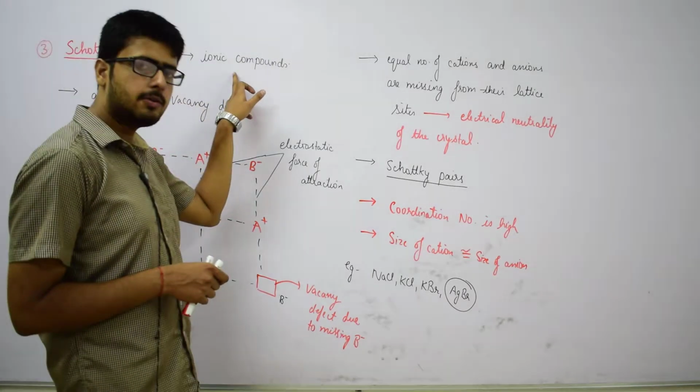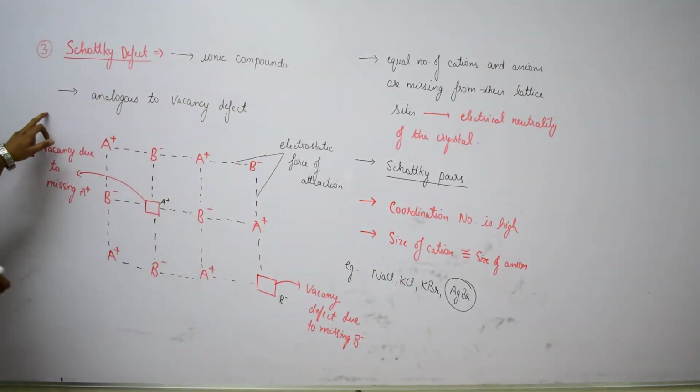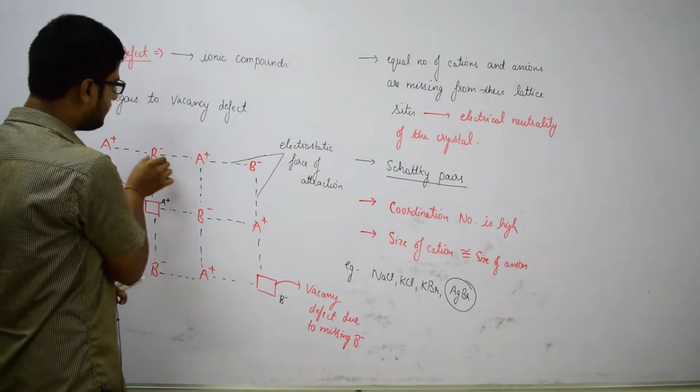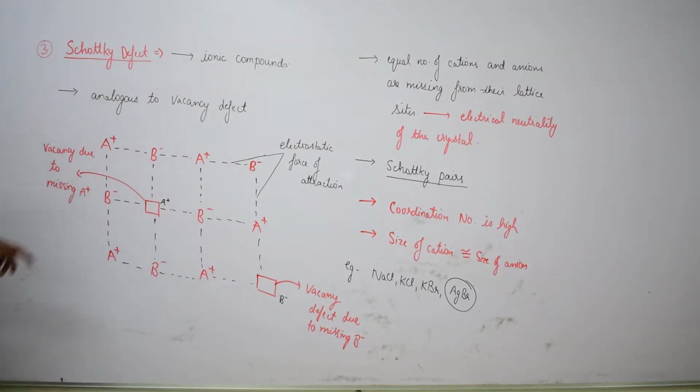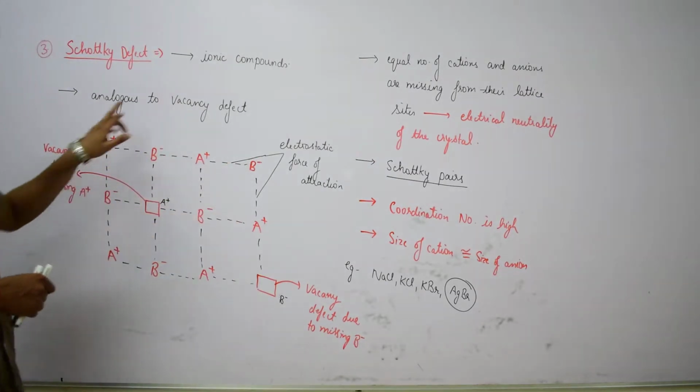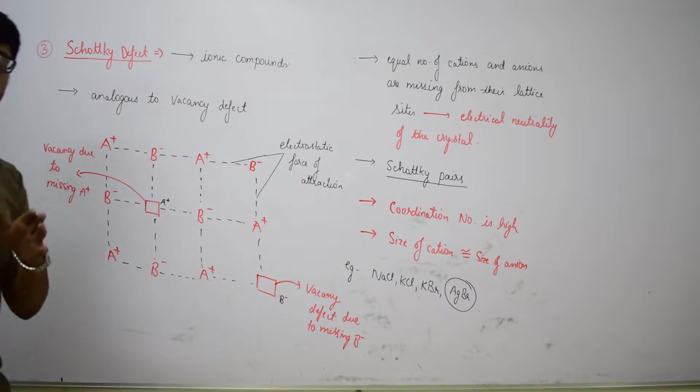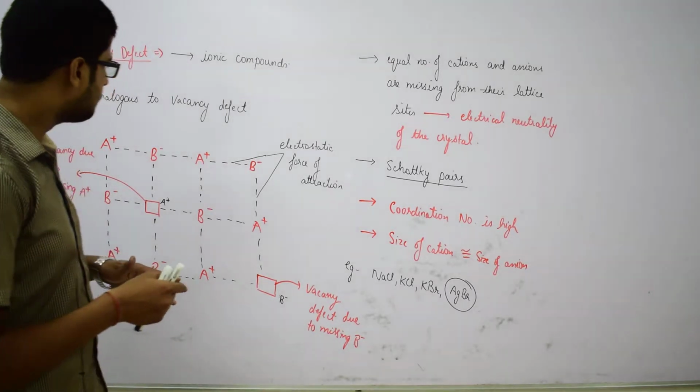First point, it is found between ionic compounds and it is analogous to the vacancy defect. Let us consider an ionic compound made of cation A plus and anion B minus. This is the network of cations and anions existing in that ionic compound.